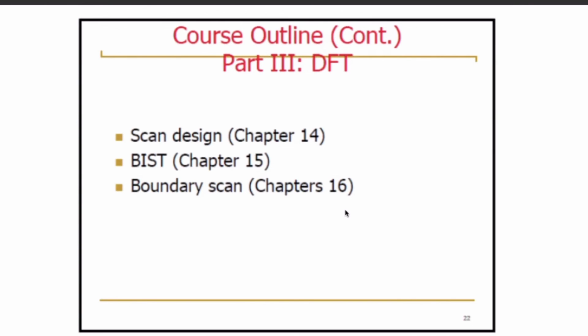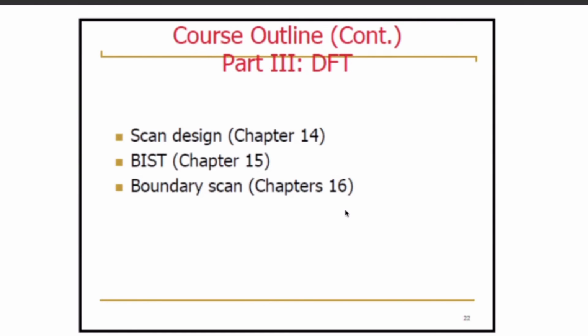Then in the third unit, we will specifically have all these DFT topics like scan design, what is scan design, what is boundary scan. These types of things will be covered in DFT, or the third part of this course.